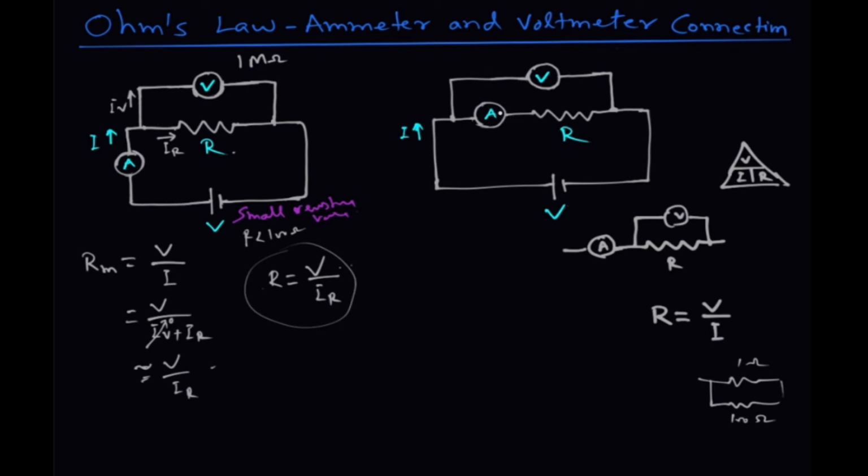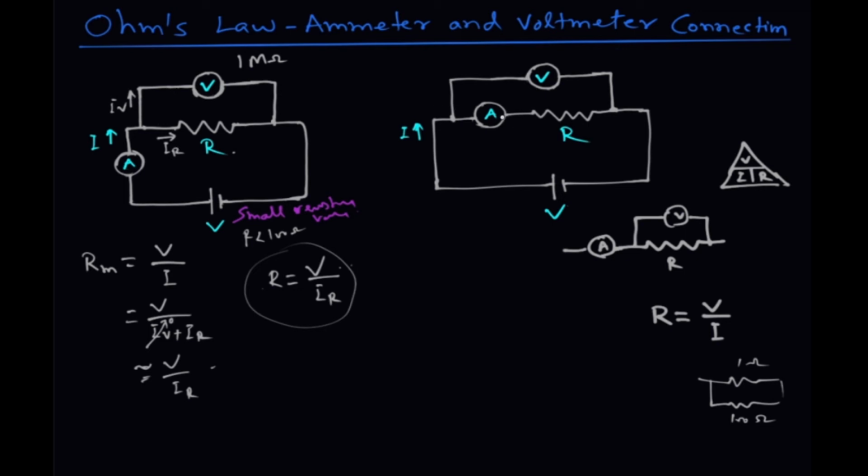And let us consider this one. Here the ammeter is connected here, so one terminal of the voltmeter will be connected here and the other here. Now you can see that in the previous case, the voltmeter was giving the actual voltage across the resistance, and the ammeter is not giving the actual current, as some current is flowing through the voltmeter. It is measuring both this current and this current.